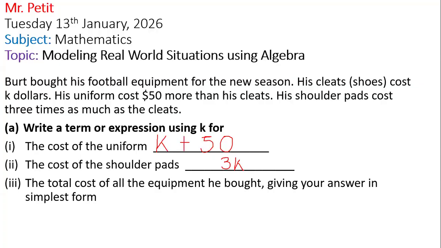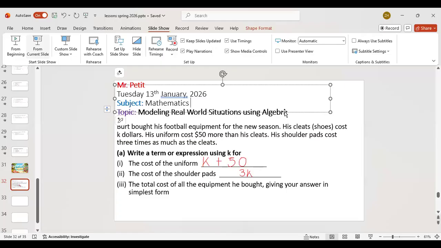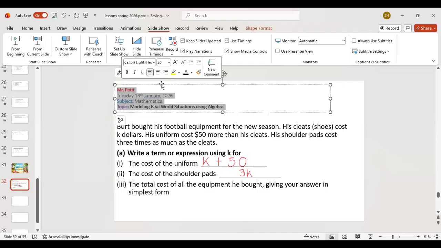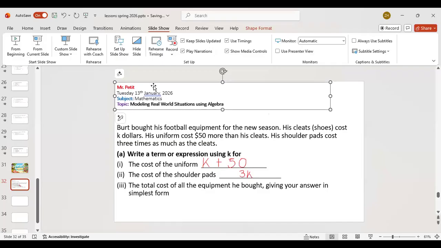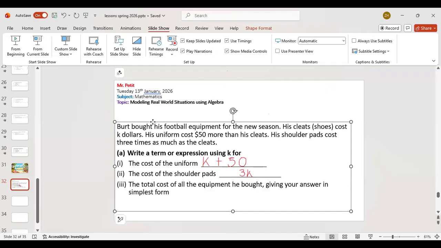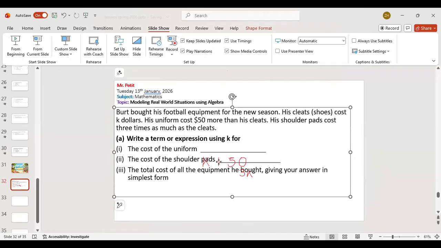All right, so let me go ahead and resize my screen a bit because I need space. We're going to start actually simplifying. So again, the answer for the first one was K plus 50.